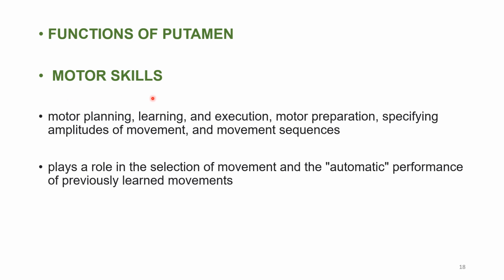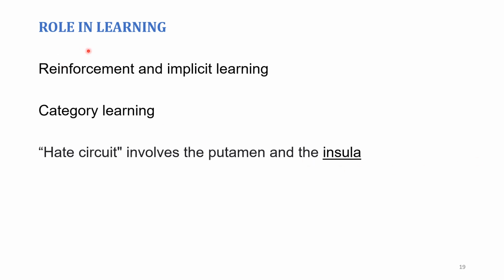The motor skills are: it plays its action in motor planning, learning, execution, motor preparation, specifying amplitudes of movement and movement sequences, and plays a role in the selection of movement and the automatic performance of previously learned movements. So it performs all these motor activities, and it also plays a role in learning. It is important for reinforcement and implicit learning.